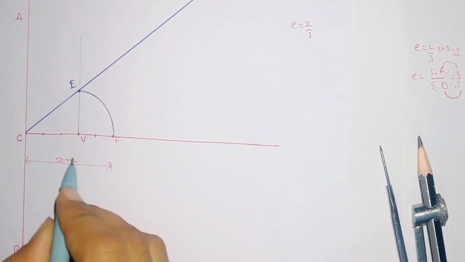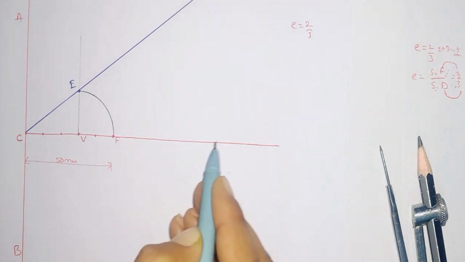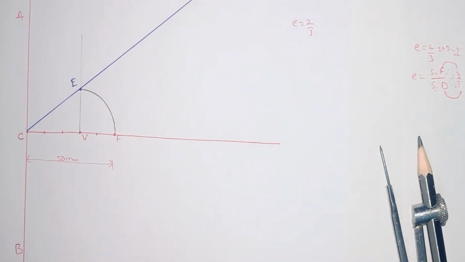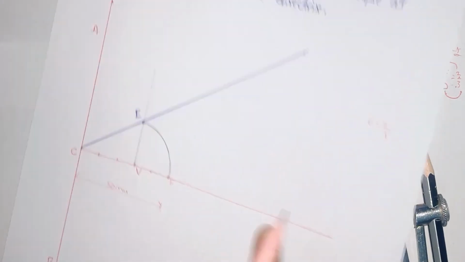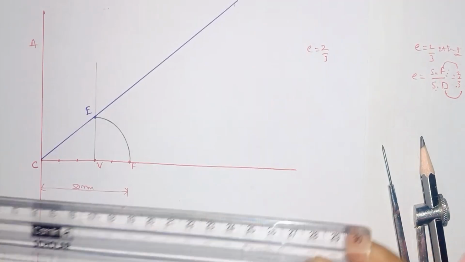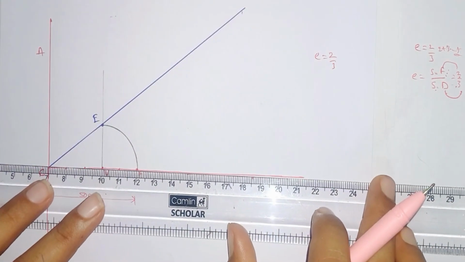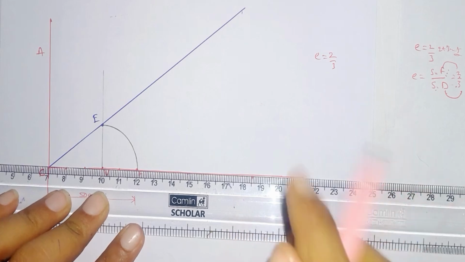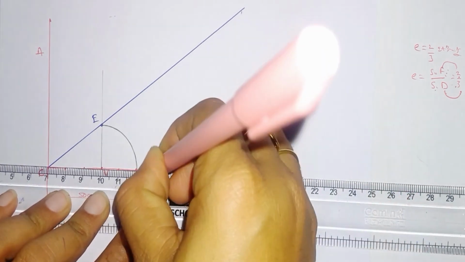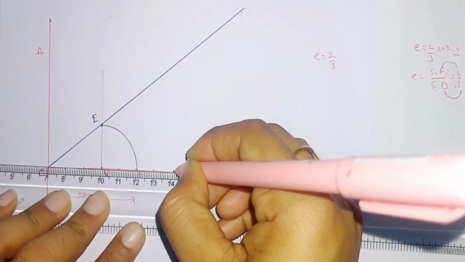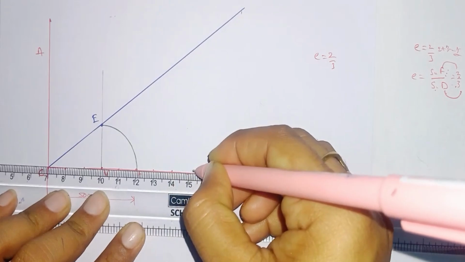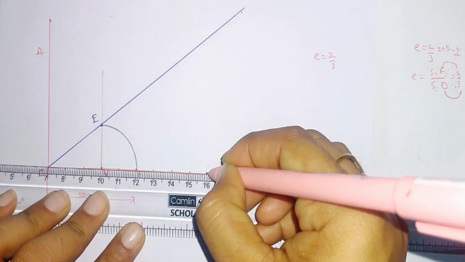Next, from F2, you have to divide into 1 centimeter equal divisions. Mention any point on F, then divide into 1 centimeter equal divisions.